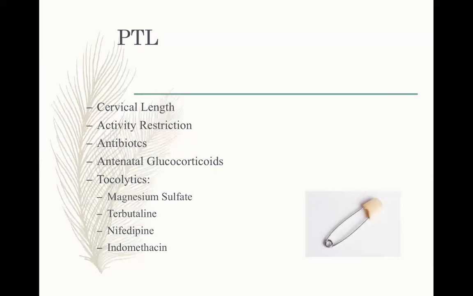Terbutaline is a beta adrenergic drug, and it's also going to relax the uterus. We want to be careful with the terb though, because it's going to increase the mom's pulse. So if mom is already tachycardic, we're not going to give terb. So anything over 120, we probably wouldn't give the terbutaline, just because mom's heart rate is going to go too high after that.